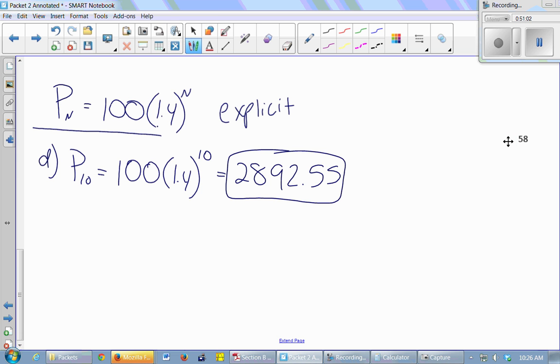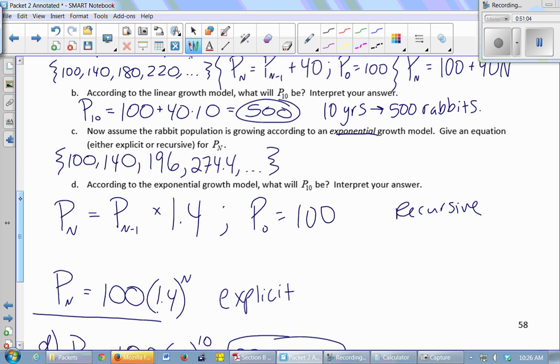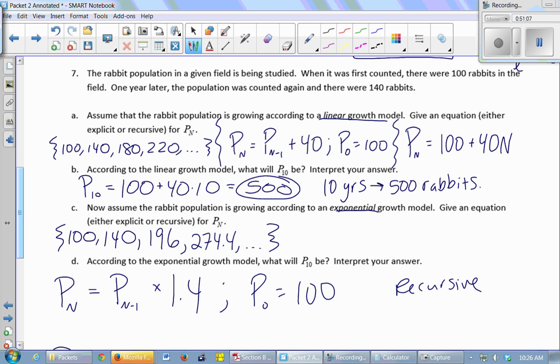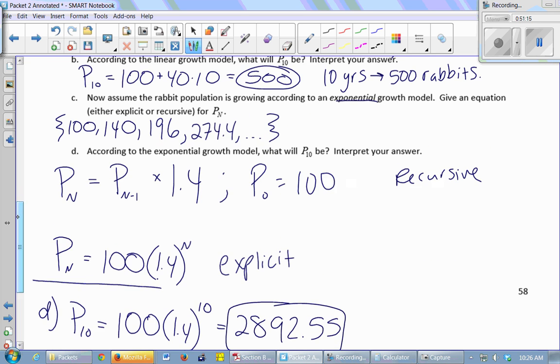1.4, yes. So I looked at the first two numbers in the list because those are the only two I was given, right? 100 and 140. Oh, sorry, we're looking at C here. We have 100 and 140, that was given, and this word exponential. Those pieces of information are what gives you the 1.4. Exponential means that I'm looking for a number that I use to multiply to get from term to term.